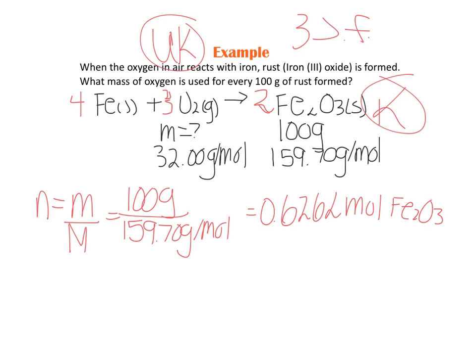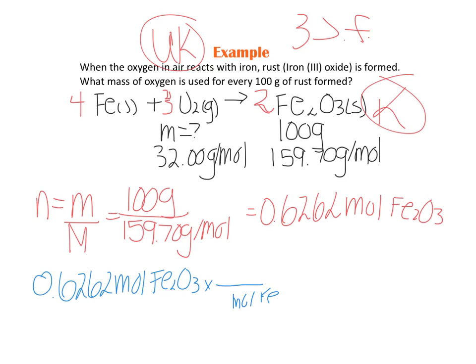Fe2O3. So next, we're going to convert moles of Fe2O3 into moles of oxygen, and that's using our mole ratio. So 0.6262 moles of Fe2O3. And we need to cancel moles of Fe2O3. So we're going to put those on the bottom. Moles of Fe2O3. And we're trying to find moles of oxygen.